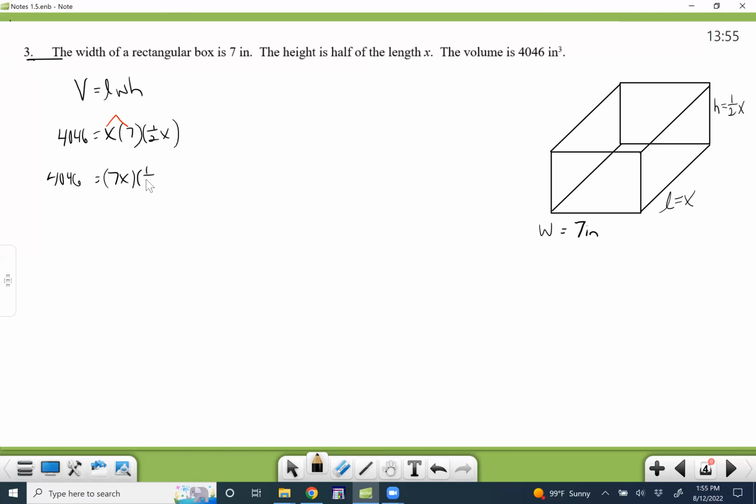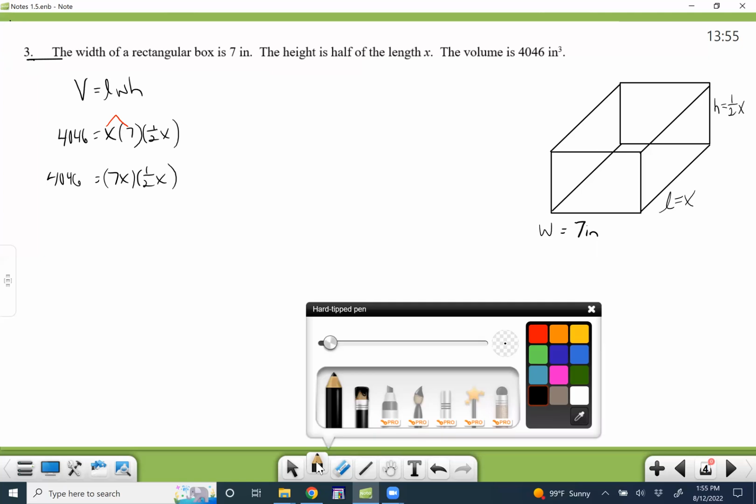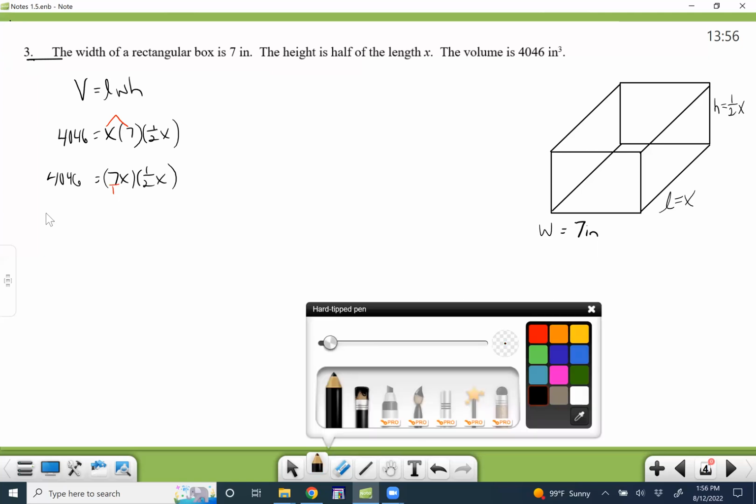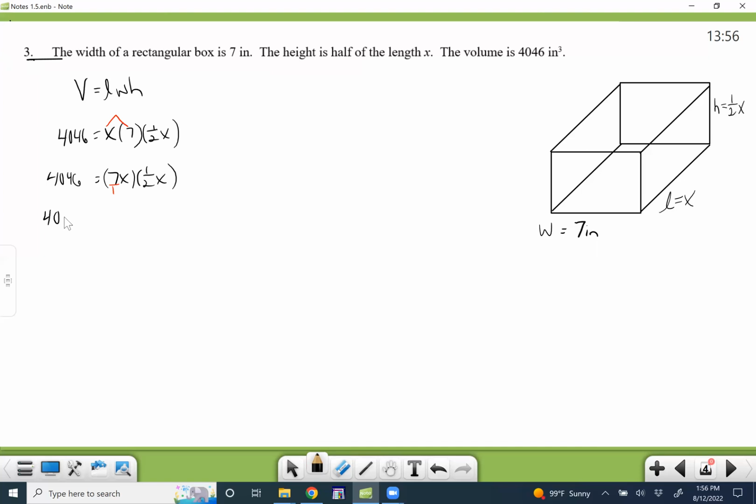Then we take that and multiply it by the 1/2, so the 7 would have to go over 1. So 4,046 equals, remember, you just multiply straight across. The 7 multiplies by the 1, the 1 multiplies by the 2. Don't forget x times x is x squared.